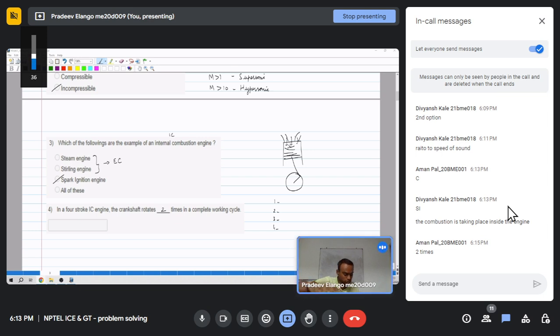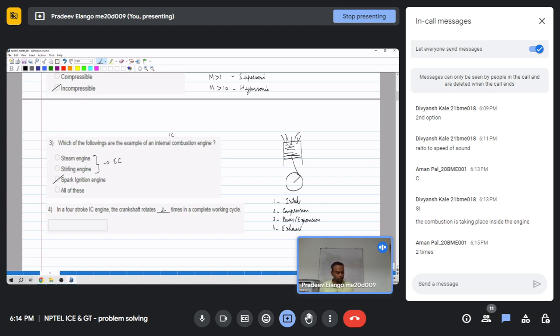So intake stroke, compression stroke, power or expansion stroke, and then exhaust stroke.